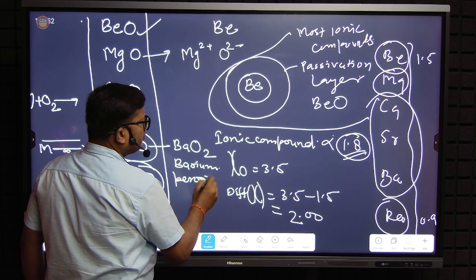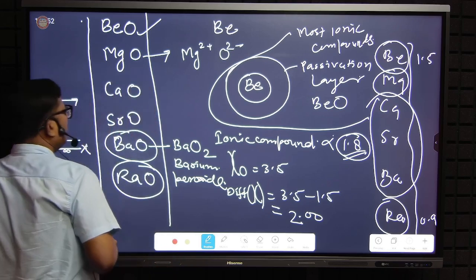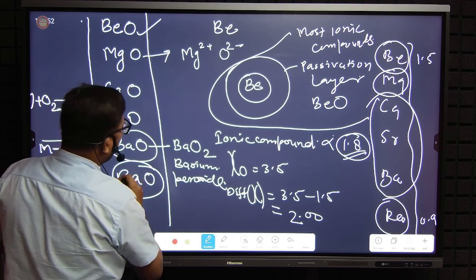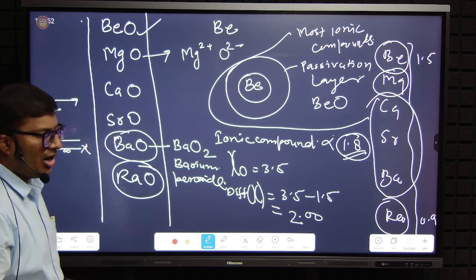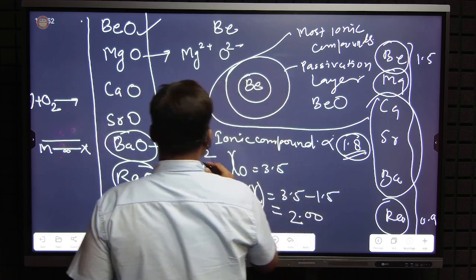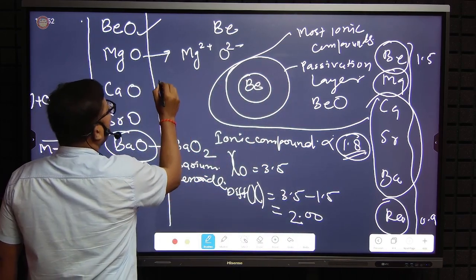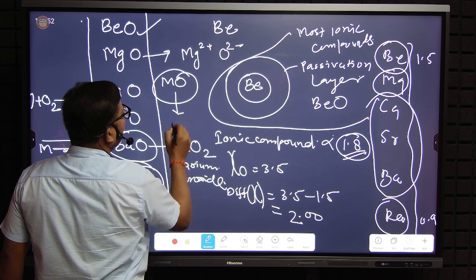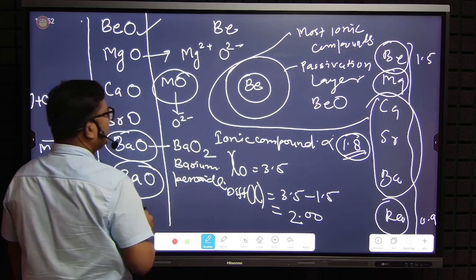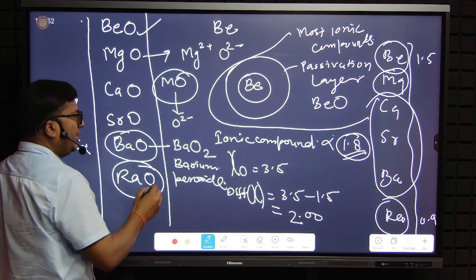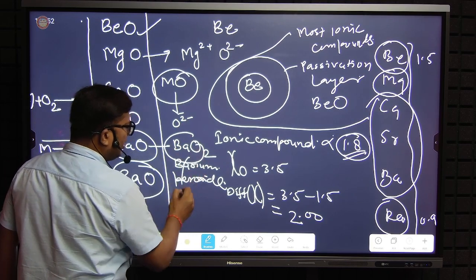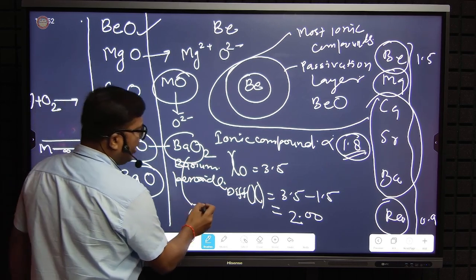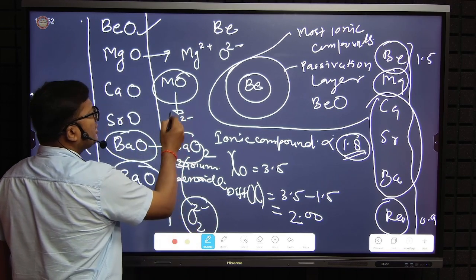Magnesium, calcium, strontium, they form simple oxides MO, which means this metal oxide contains O2 minus as oxide anion, and barium peroxide contains O2 2 minus. So that is the peroxide anion, and this is your oxide anion.